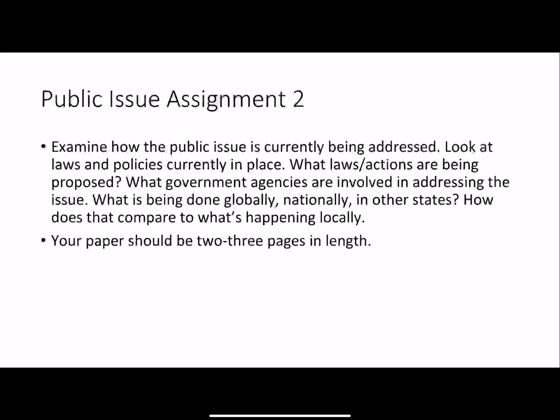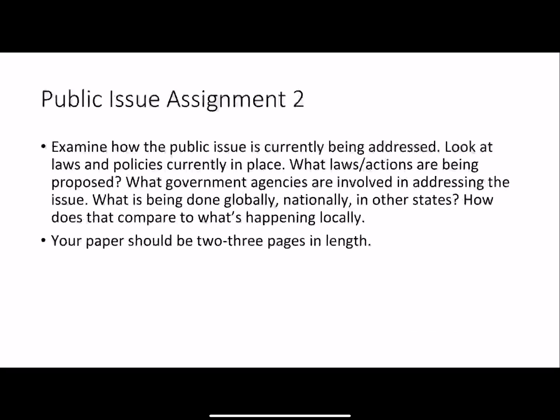I recognize that not all of the people in this class are here in Nebraska. If you choose a public issue that's relevant where you live, one of the things that I ask you to do is compare where you live to what's being done somewhere else. So if you are here in Nebraska, maybe you want to take a look at how Iowa is addressing the issue, or California.